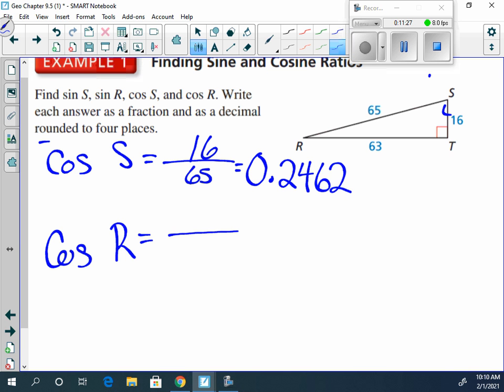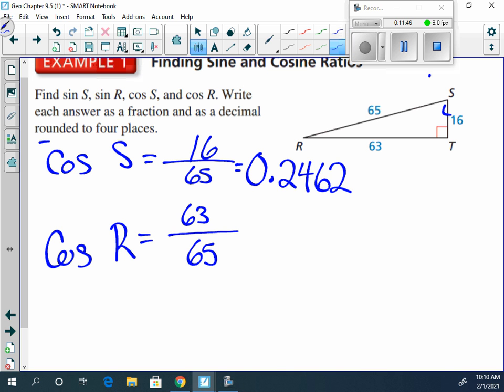What about R? Cosine of R. 63 over, because angle R, the side next to angle R, the adjacent side is that 63, yes? And the hypotenuse is still 65.